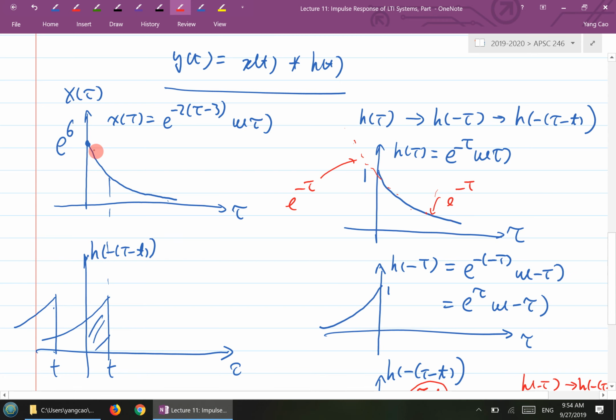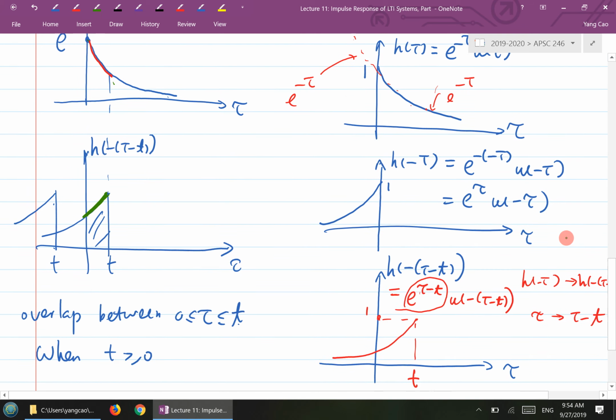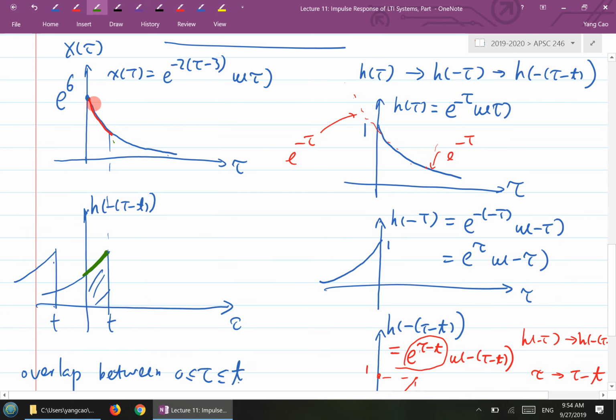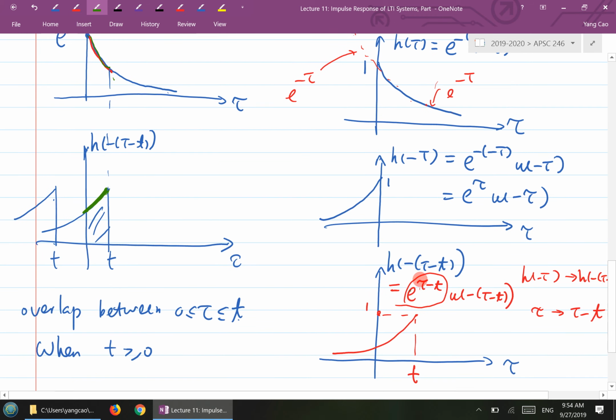Or in other words, you multiply this part with this part. Okay? So when you multiply this part with this part, you don't have to keep the u and the u of negative this part anymore, because you're basically multiplying this part of the curve, and you know that this part of the curve is this, and that part of the curve is this, right?